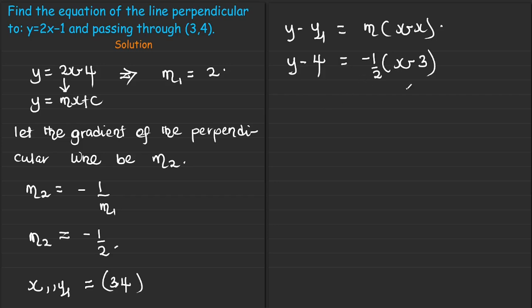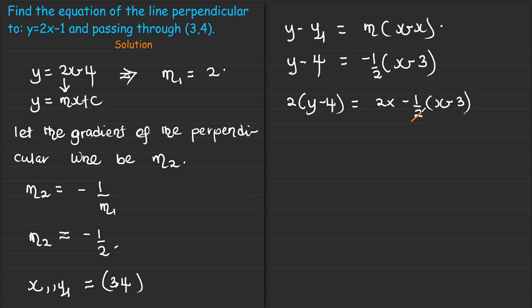So we can multiply both sides by 2. By so doing, we have 2 into bracket y minus 4. Then we have 2 times negative 1 over 2 into bracket x minus 3.